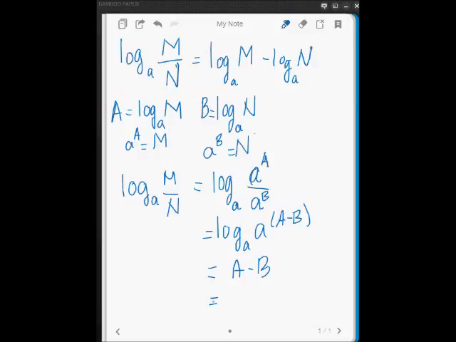And you finish by stating that capital A is worth, up here we wrote that capital A is log A of M, and capital B was worth log A of N. And that completes your proof.